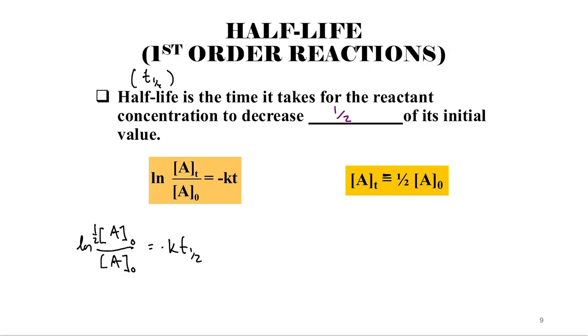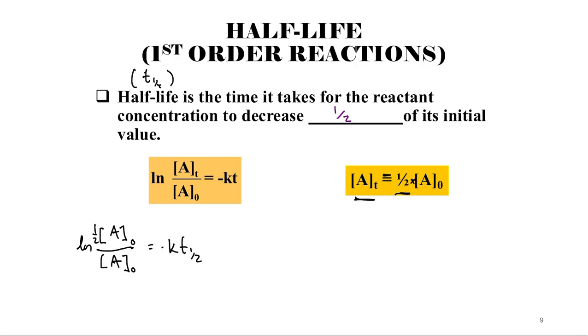And so how can we simplify the left-hand side of this equation then? Right, so we replaced A at time t with 1/2 times the initial concentration.